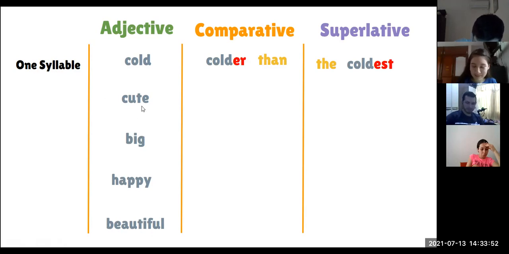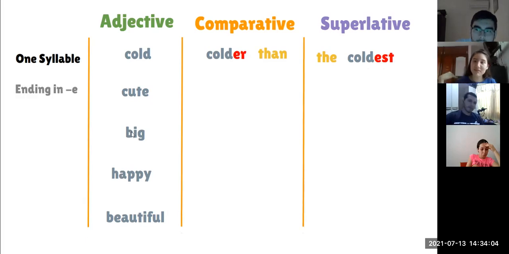So when we have an adjective with only one syllable, but this adjective finishes in E, what do we need to do? What can we do here to transform this adjective that finishes in E to the comparative form?